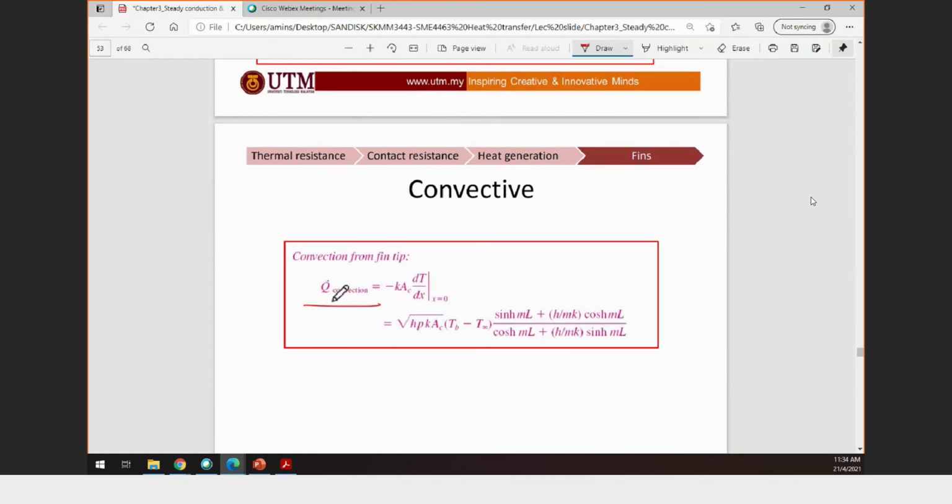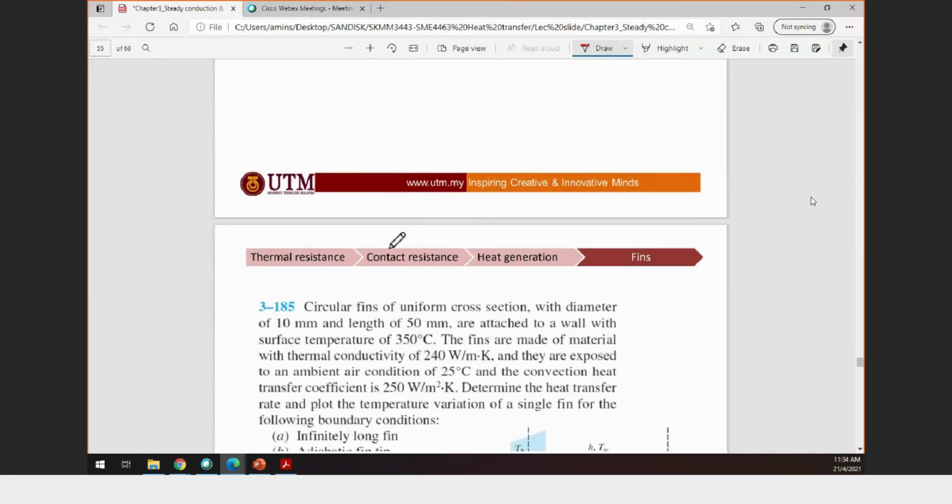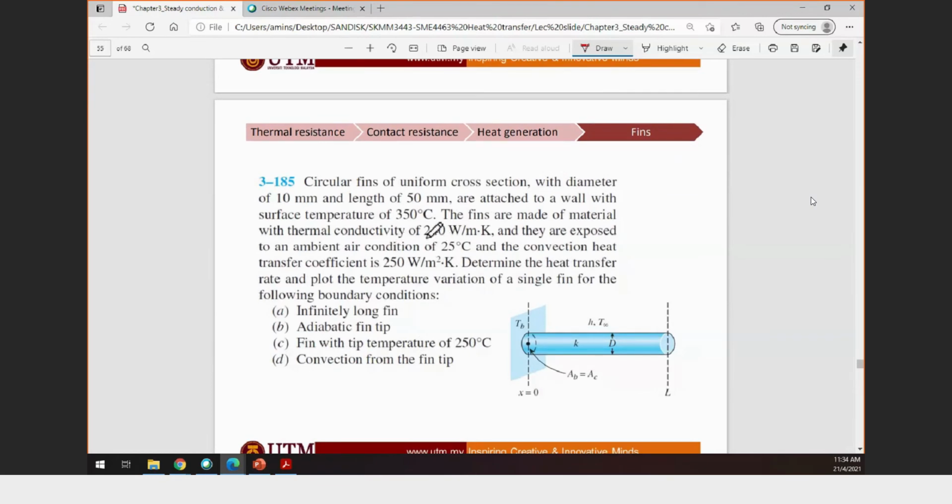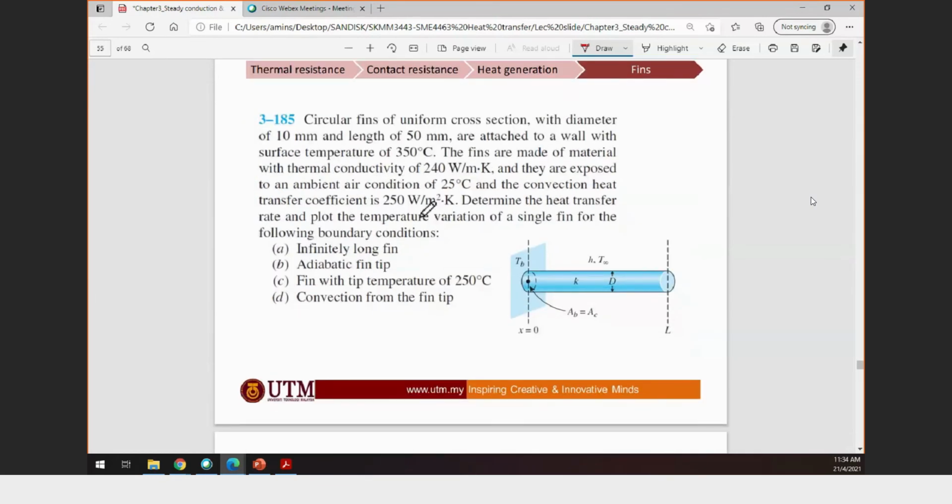So there are four cases. This is an example of the kind of problem related to fins. Of course, you need to choose the last condition, where there is convection from the fin tip.